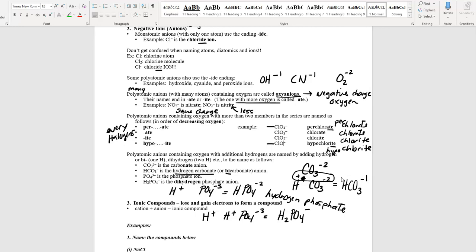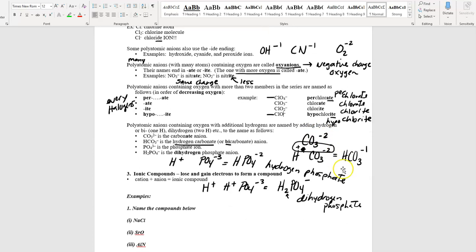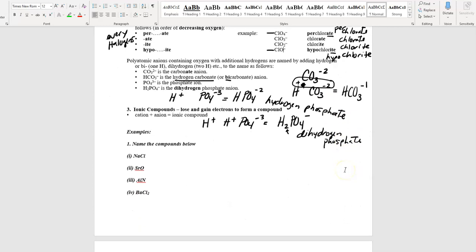Now I got -1. So we have to name that 2 in the formula. Now we say dihydrogen. Be very careful with that prefix of di versus bi, because it can get a little tricky. Other than that, you have a list of polyatomics, and make sure you know those polyatomics.